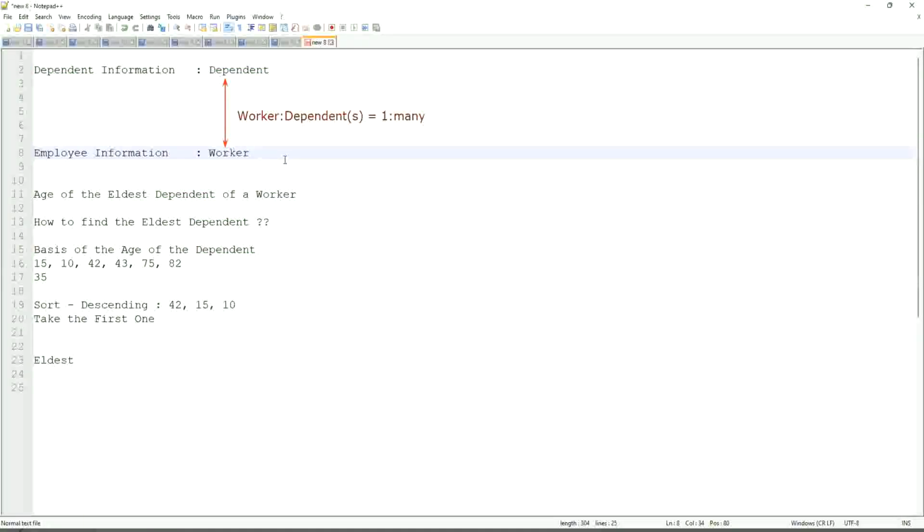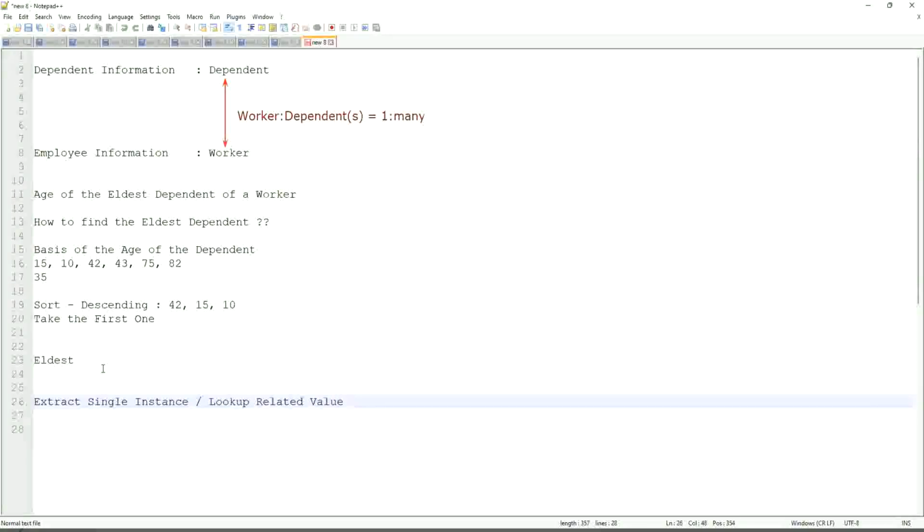Does the worker business object have the information about the dependent's age? The answer is no. That is why we are going to use a combination of calculated fields called extract single instance, and lookup related value.